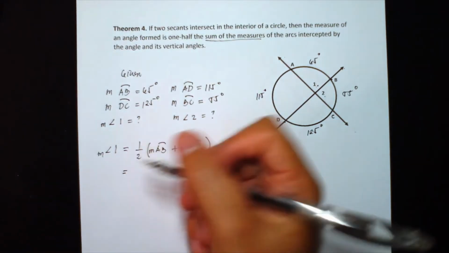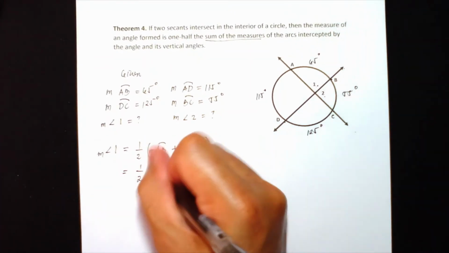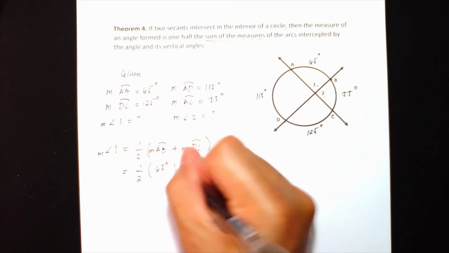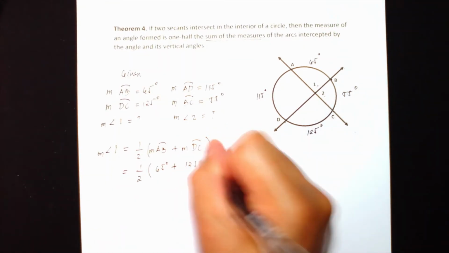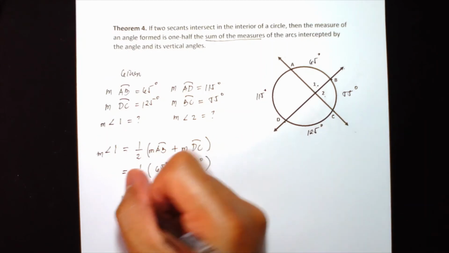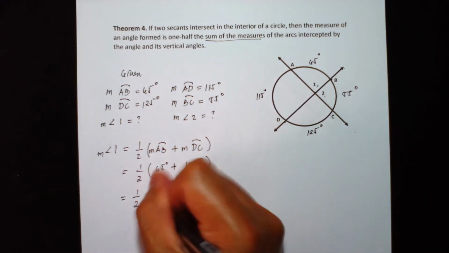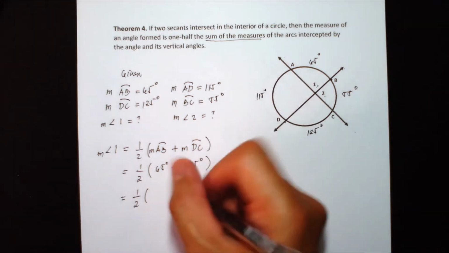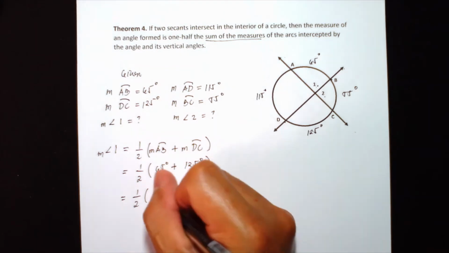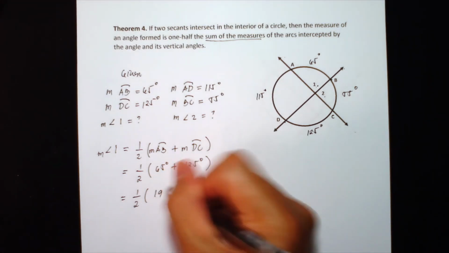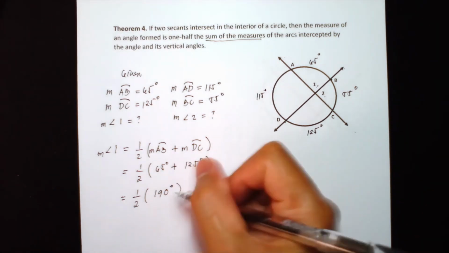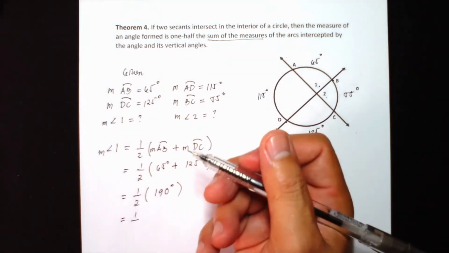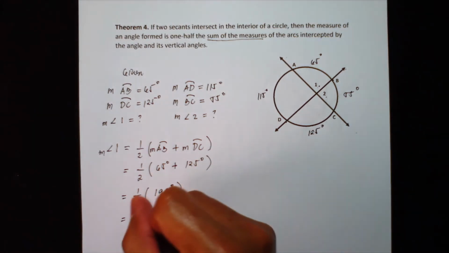What is AB? 65 degrees plus 125 degrees. The sum of that, 65 plus 125, will be 190 degrees. Then 1/2 of 190, so what will that be?